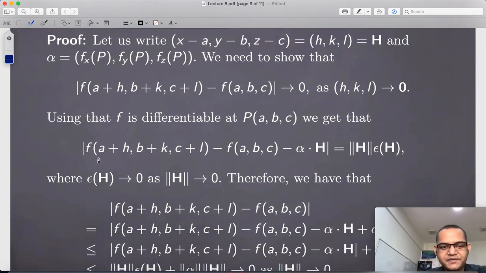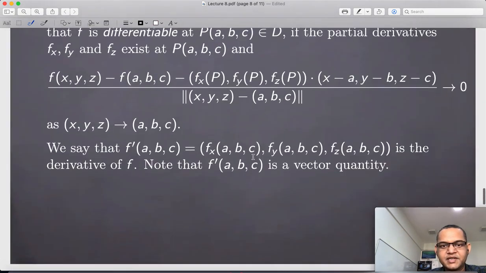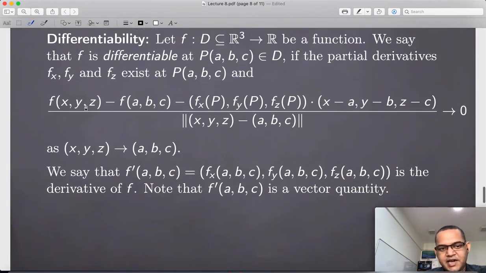Now, the definition of differentiability, if you remember, has this thing in the numerator. Let me go back here. f at a point close to (a, b, c), minus f at (a, b, c), and then minus the partial derivatives, the inner product or dot product with h, and in the denominator is the distance.